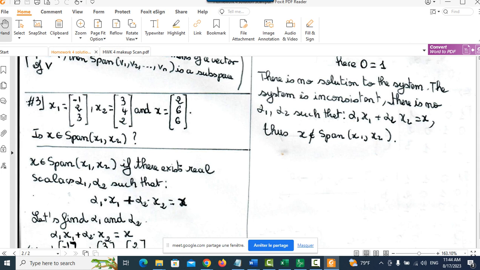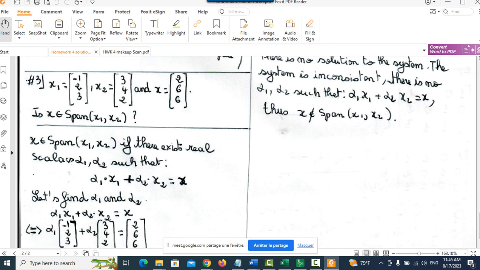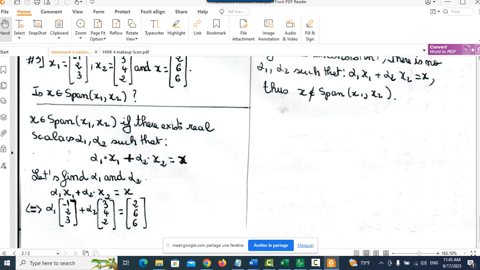We can try to write x in terms of x1 and x2. So we need to find coefficients alpha 1 and alpha 2 such that x is equal to alpha 1 multiplied by x1 plus alpha 2 multiplied by x2. If those two coefficients exist, then we can say that x belongs to the span of x1 and x2.